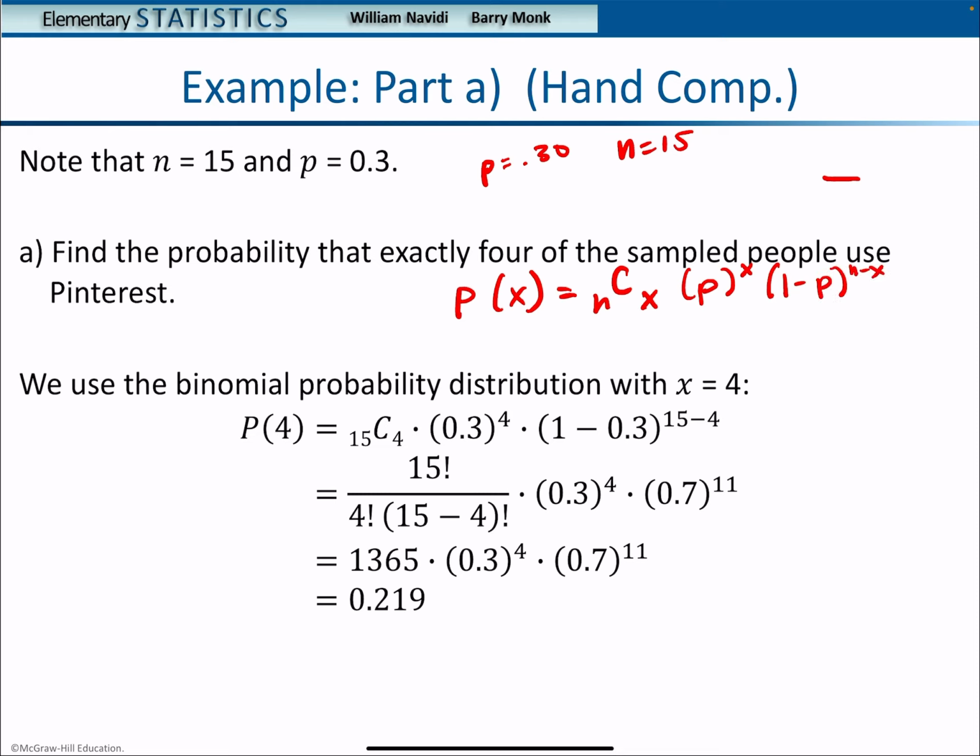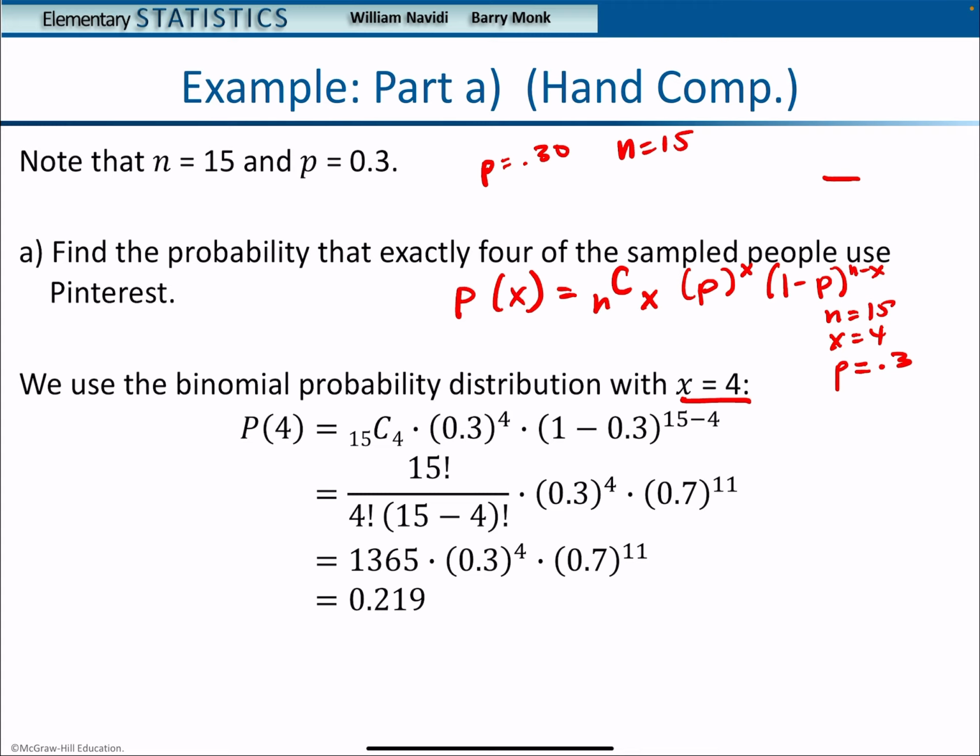So we have what we need. We have p, we have X, we have N. Here X equals 4, N is 15, little p is 0.3, and that's all we need.